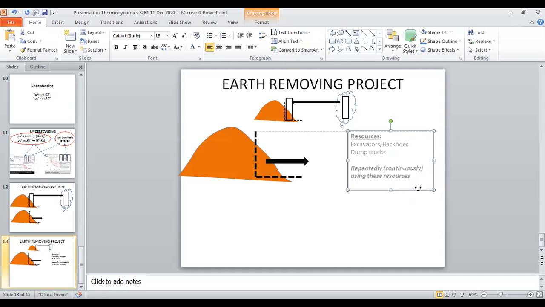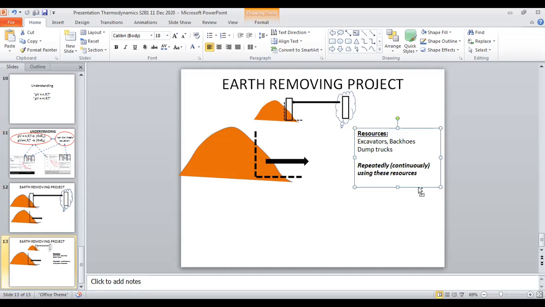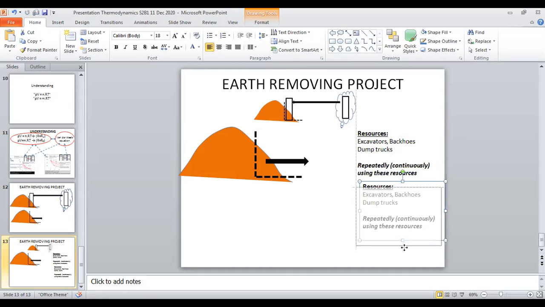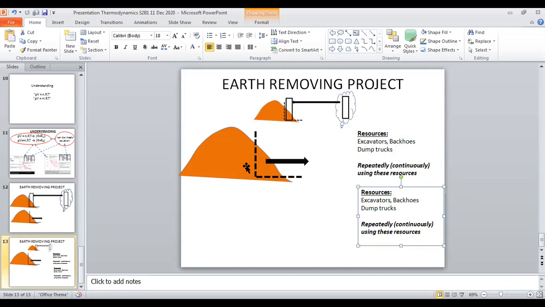And one more. Unlike previous, you can remove, but you have to put this earth somewhere in a suitable place. Means you have to look for an earth dumping site. This is essential.